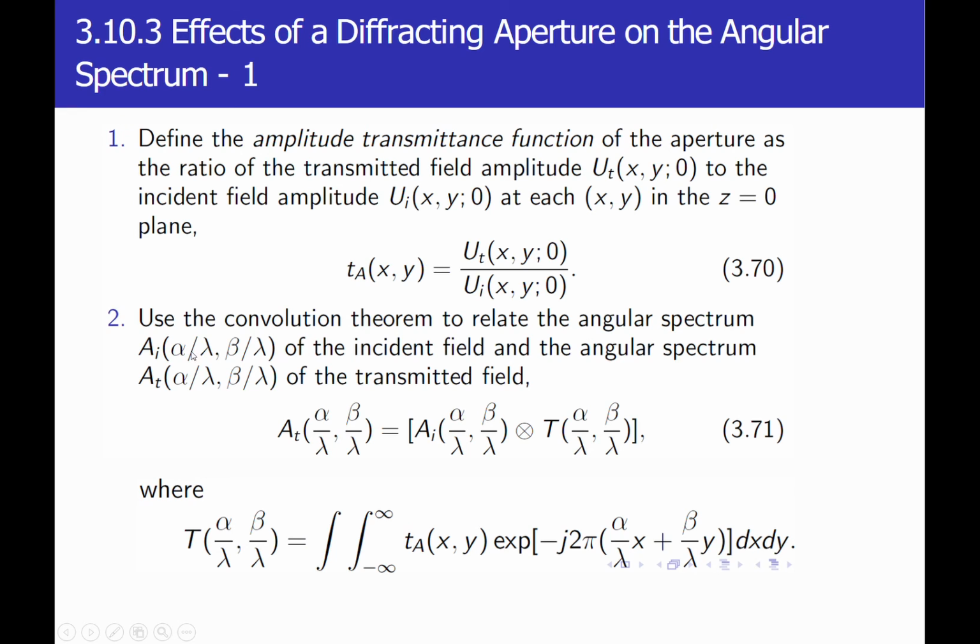Then use the convolution theorem to relate the angular spectrum A_I of the incident field and the angular spectrum A_T of the transmitted field. If you look at it, U_T is simply the multiplication of t_A by U_I(x,y,0).